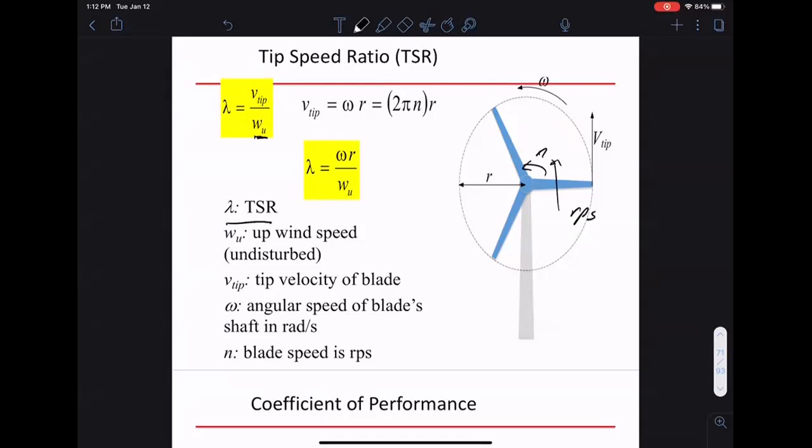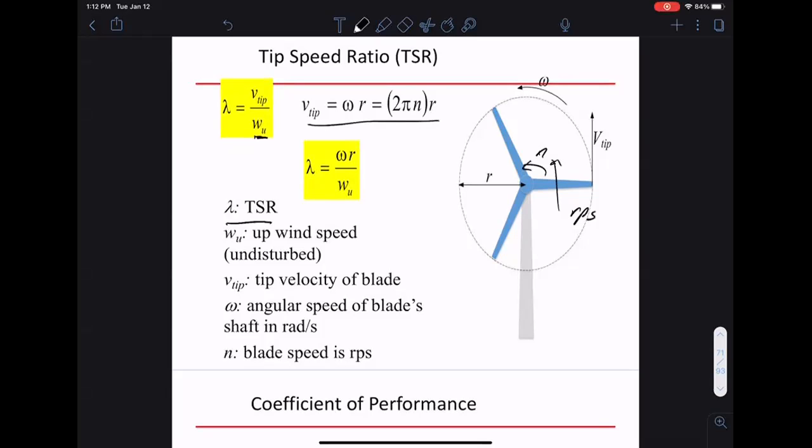We know how fast this thing is turning, and we know how long the blade is. As the tip moves in a circular motion, you multiply 2 pi by the turn speed, and you get speed in radians per second. You multiply by how long the blade is, and you get the tip speed. So we got this equation.